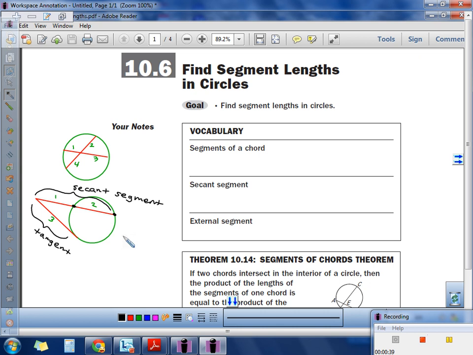And then there's a third term right here, external segment. External meaning what? Outside. So which pieces are outside? Oh, these over here are examples of external segments. There are 2 external segments out of all those in these 2 pictures.